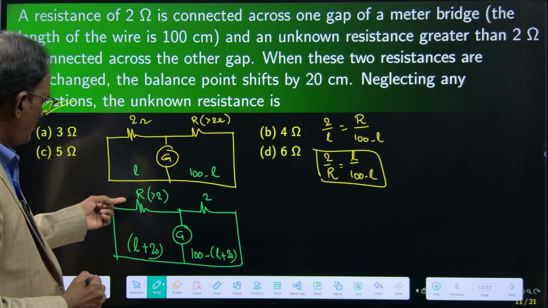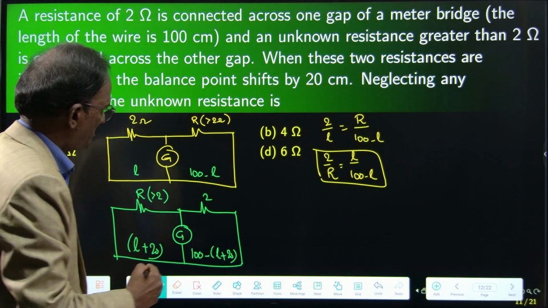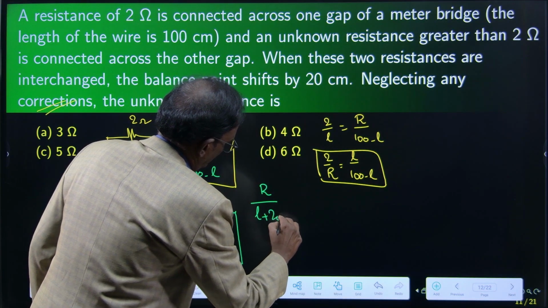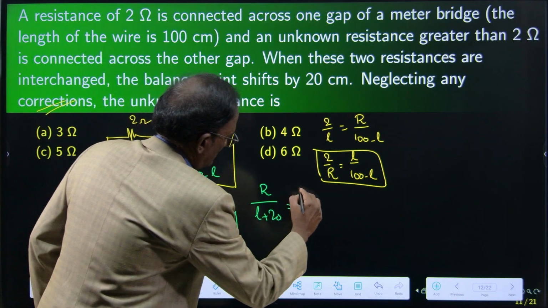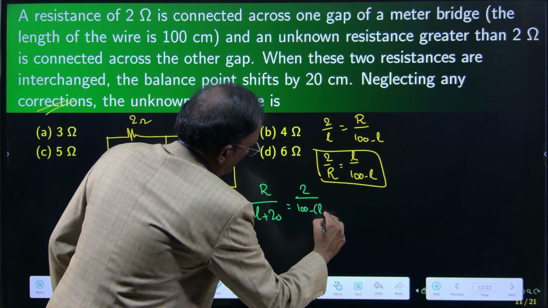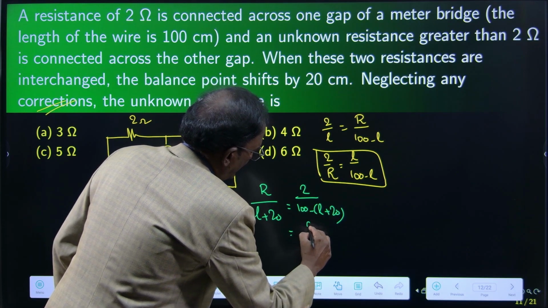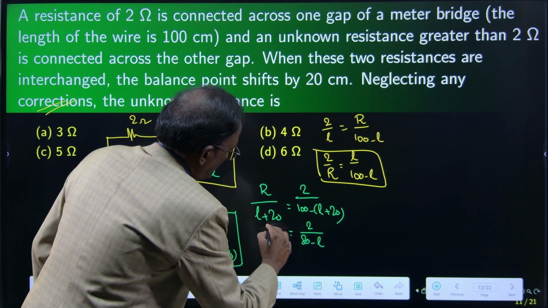And for case 2, R divided by L plus 20 is equal to 2 divided by 100 minus L plus 20. 100 minus 20 is 80. So this is 2 divided by 80 minus L.